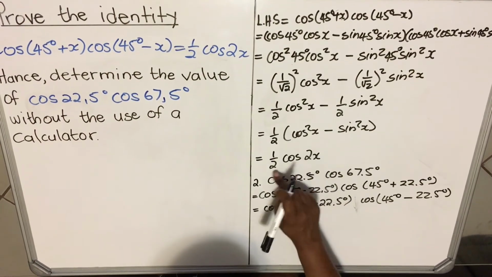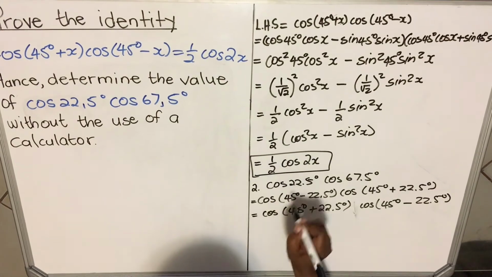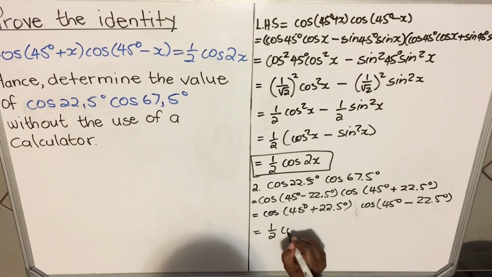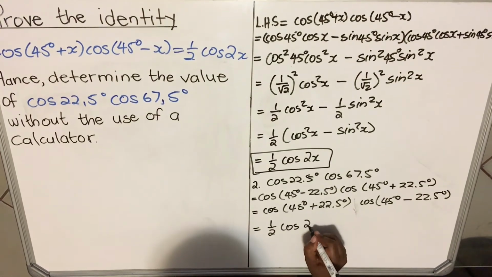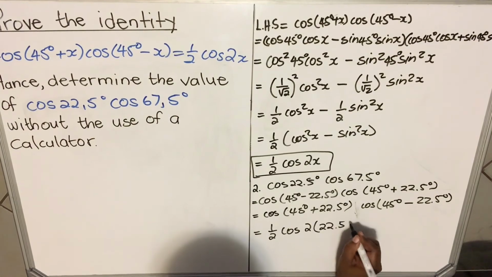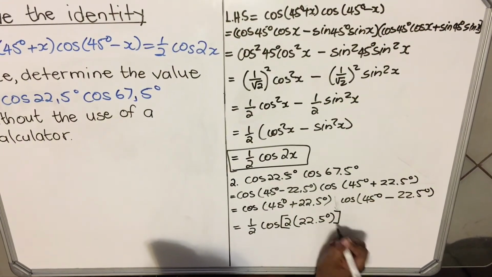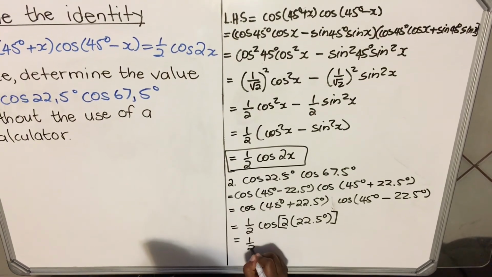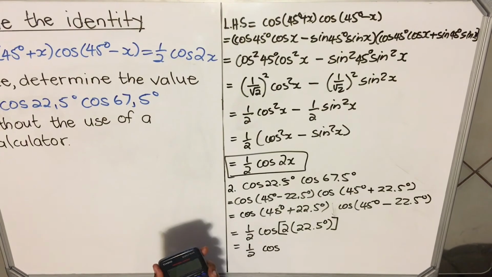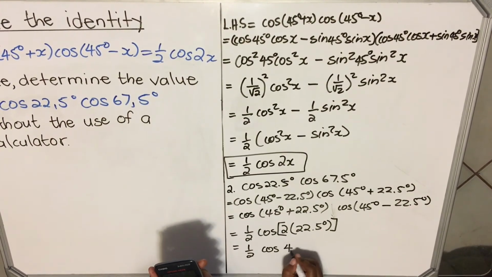All right, then what is this? It is the same as, you see, that's why they say hence. This is the answer that I'm gonna use here. I'm gonna have ½ cos 2 times my angle, 22.5. I need a square bracket here. It's ½ cos, and 22.5 times 2 is actually 45.